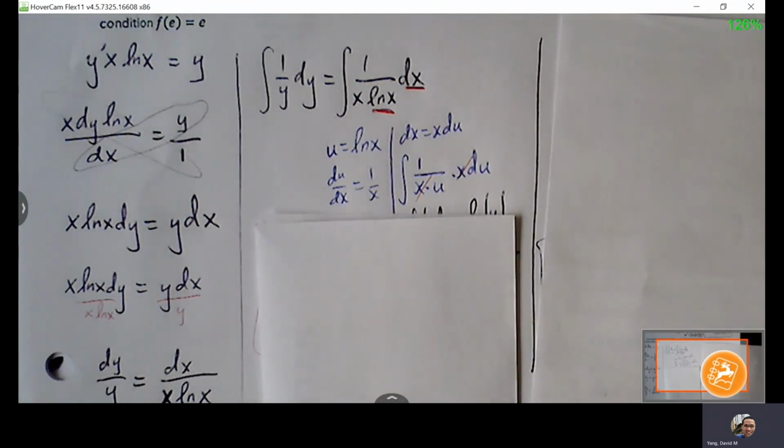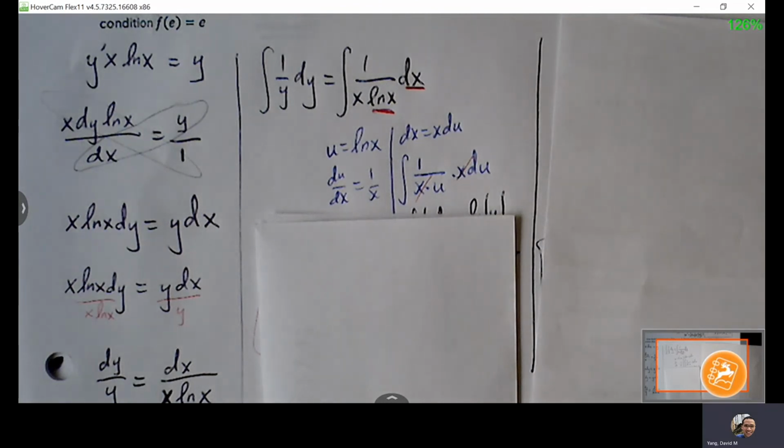We let the u value be natural log of x. Remember the derivative for natural log of x is 1 over x. Cross multiply, dx equals x du. I just want to replace what I underlined: replace natural log of x with u, and replace dx with x du. The x is canceled out. I'm left with 1 over u du.